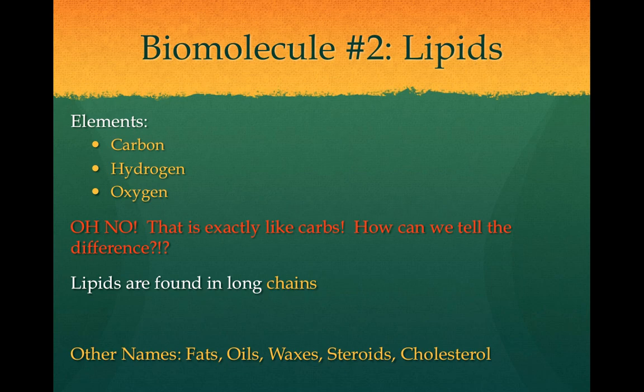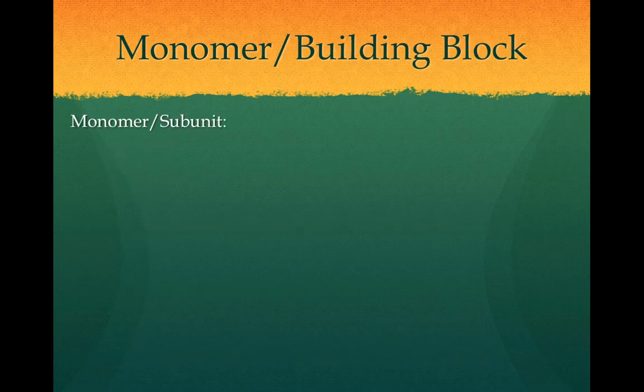Take a quick second, highlight your elements, carbon, hydrogen, and oxygen, and the fact that they're in long chains. So you should have your highlighter out. Remember, we are building polymers, larger structures, so we need to know the monomer. What are we using to build this larger structure that we're going to call lipids? You're going to have some different ones here.